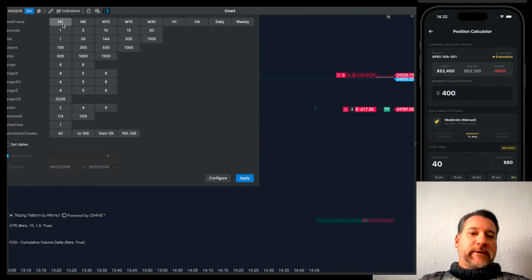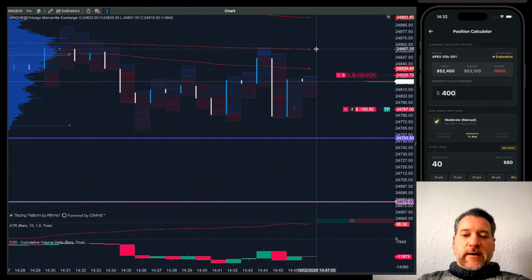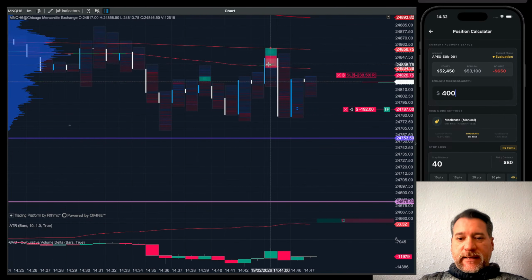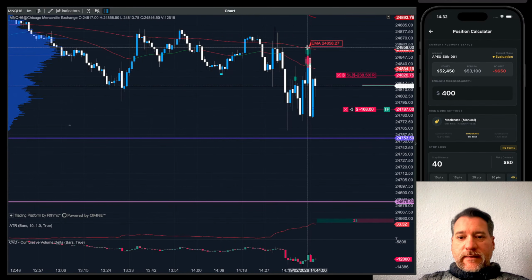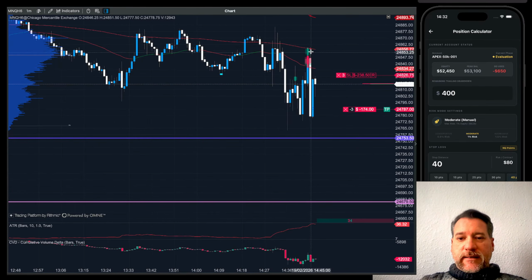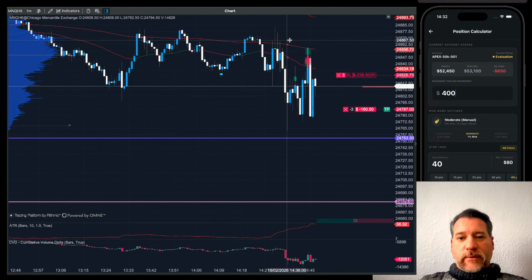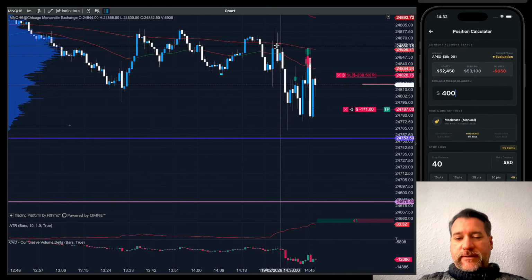So if we go to 1 minute, let's see how it goes. And look, can you see? It was catching the 200 EMA, okay, on the 1 minute. This is a perfect entry here, around this area.